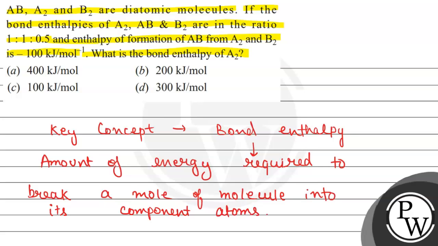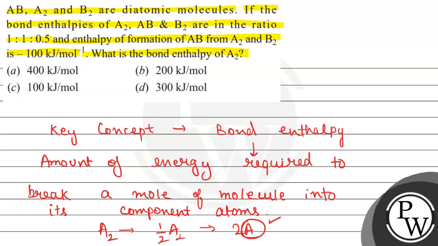So ये हमारे पास था बॉन्ड एंथैल्पी, और हमसे पूछा गया है बॉन्ड एंथैल्पी ऑफ A2, which means जो हमारे पास A2 होगा उसे तोड़ने के लिए जितनी एनर्जी रिक्वायर्ड होगी to its component atoms, that will be the half A2, या फिर हम बोल सकते हैं 2A, और जो हमारे पास एटम होगा that will be the A.